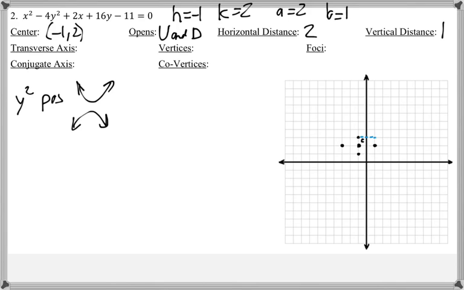So my rectangle goes like this, and I need to draw a diagonal line that goes through the corners. And it's kind of hard to do on this app. There we go.